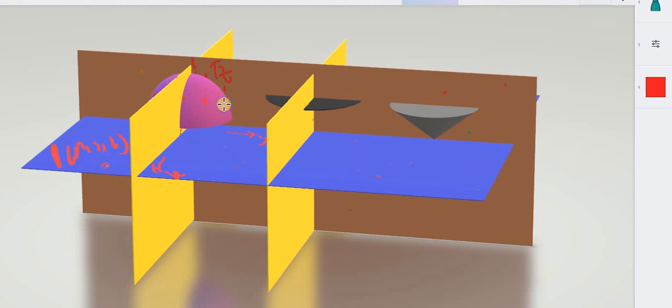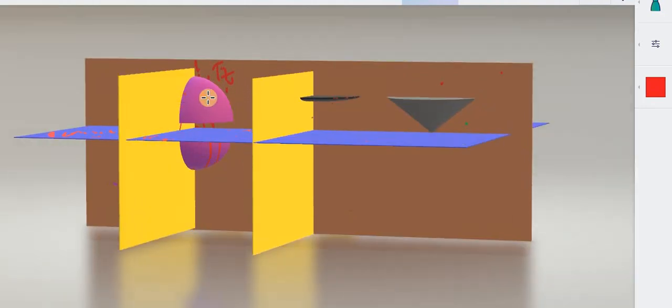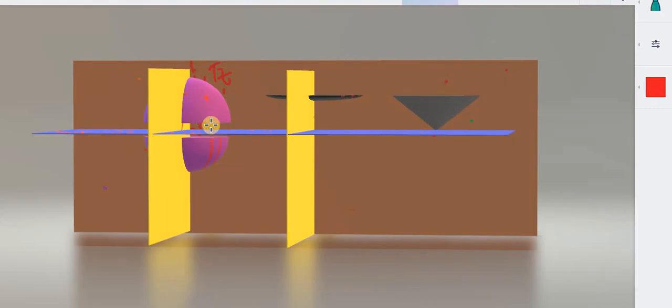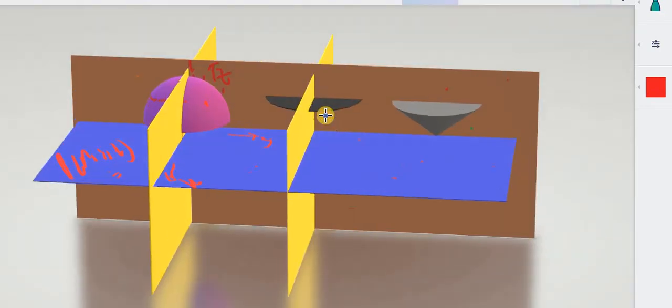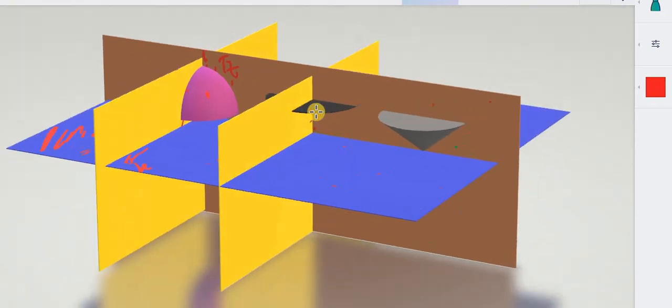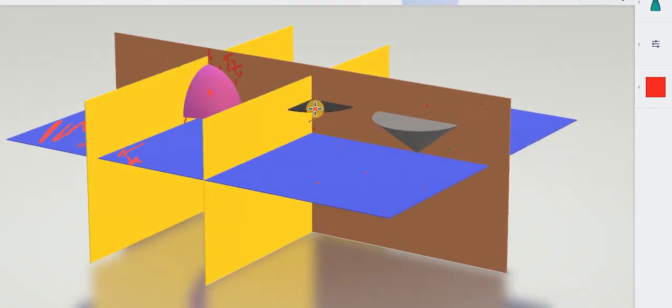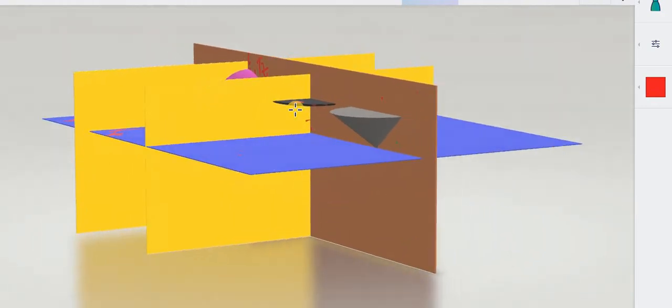The distance from the origin to this point is R, and it increases in this a r direction. So from this to this is the a r component, increasing in this way.